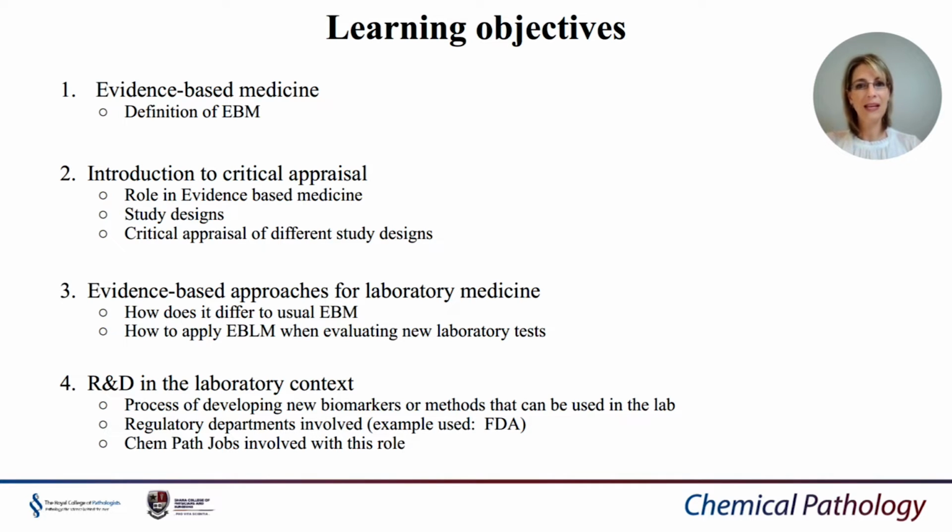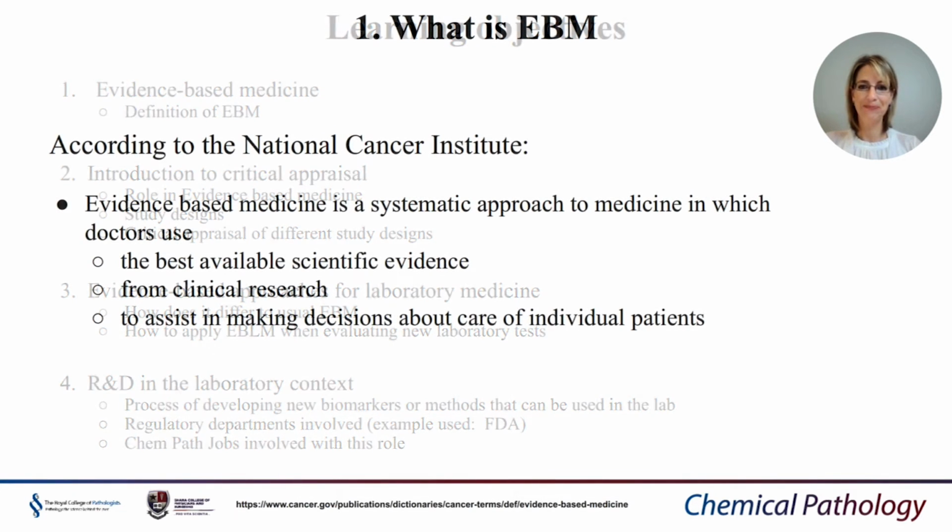And then finally, to try and pull it all together to understand what is R&D, research and development in the laboratory context, and how this relates to new markers, the development of new markers, and also what kind of jobs and roles can we have as chempaths and laboratory personnel in this area of chemical pathology?